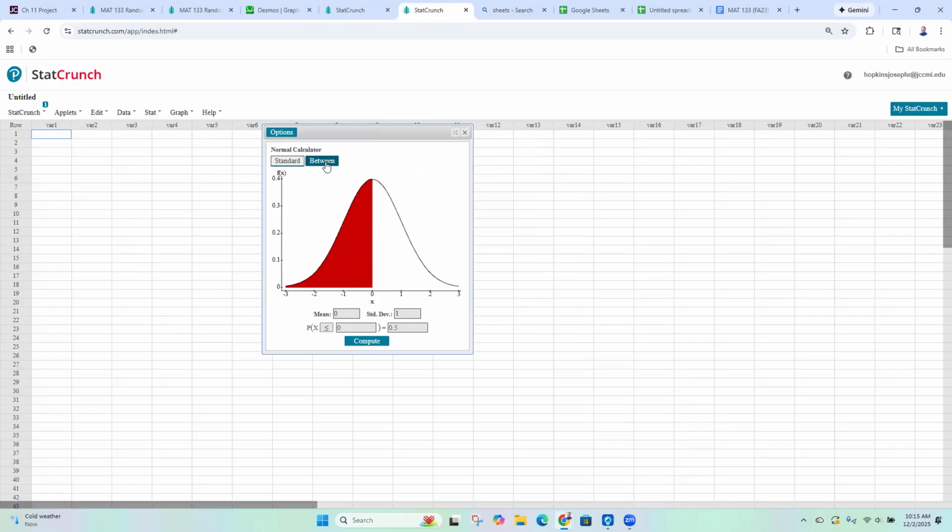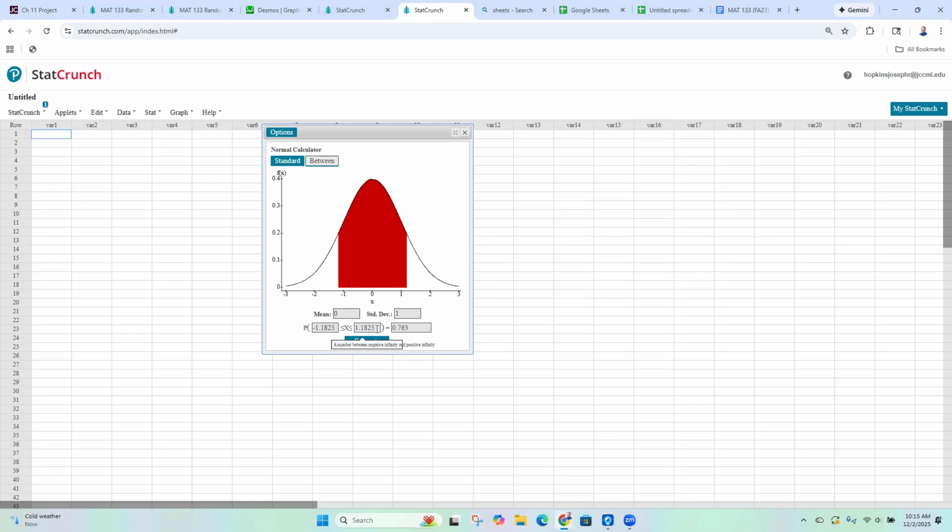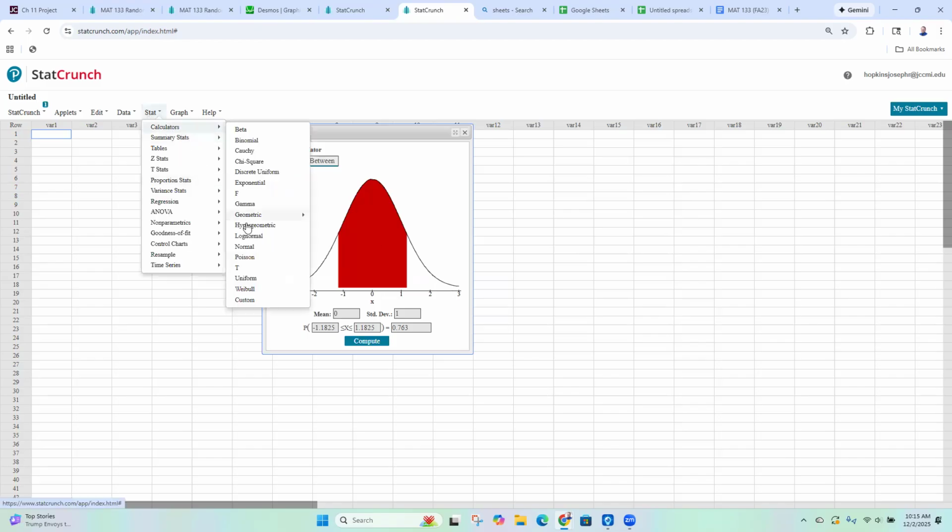Here's our normal curve. We do between. We put in our confidence interval right here, 76.3. That's mine. And that gets me my Z value, 1.1825. So Stat, Calculators, Normal, and then hit between.